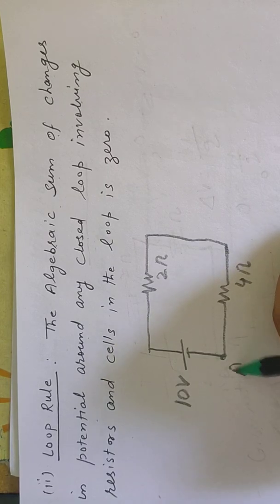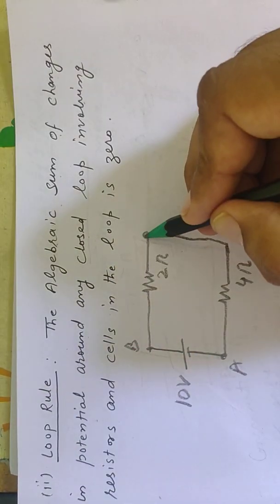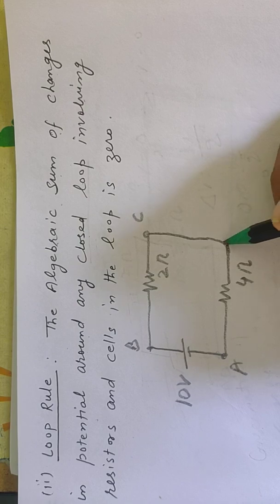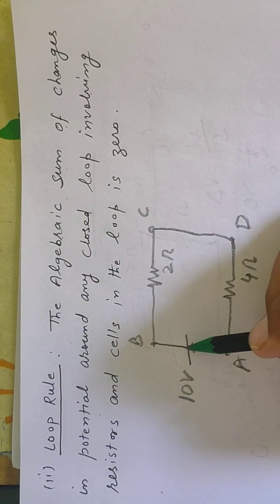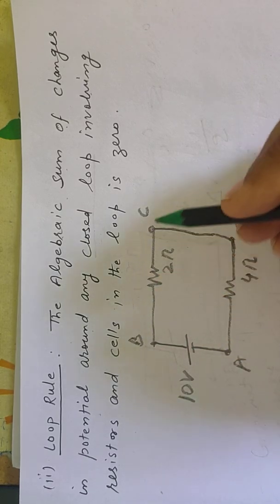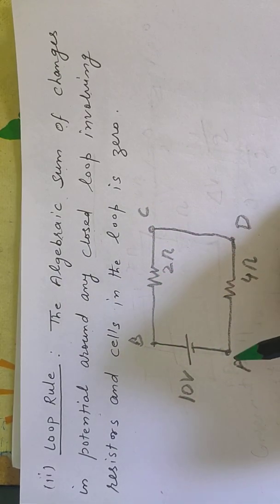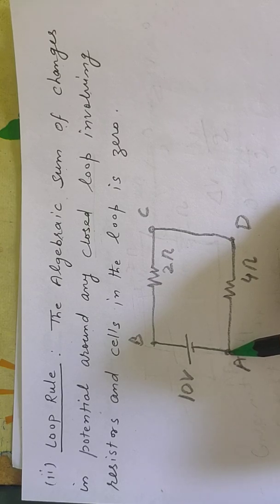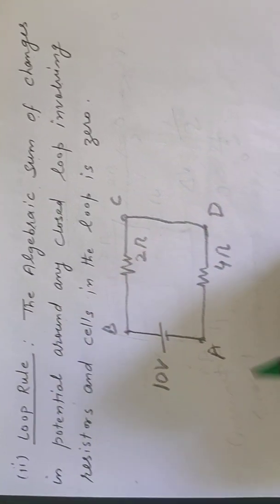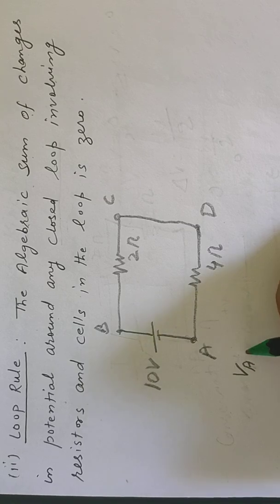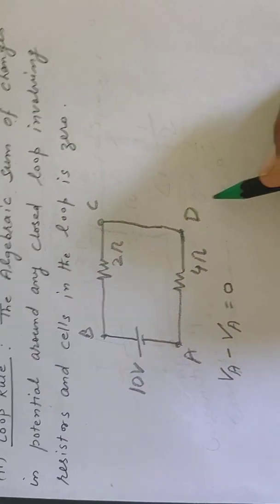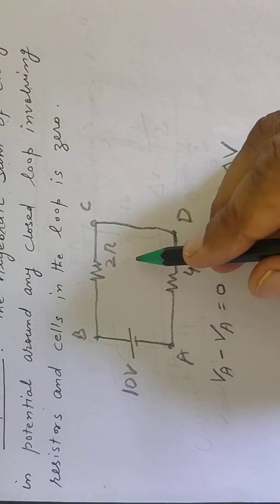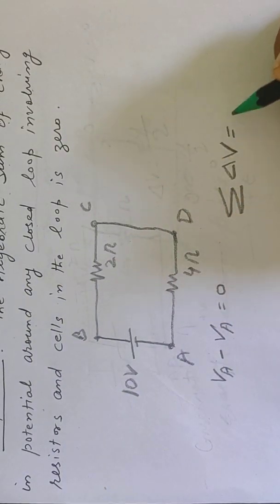Here are the points A, B, C and D. Now if we start from A and go through this side, A to B, then B to C, then C to D and D to A, we come back to point A. The change in potential is 0. Say potential at A minus potential at A is equal to 0, or we can simply say that the change in potential in a closed loop is equal to 0.